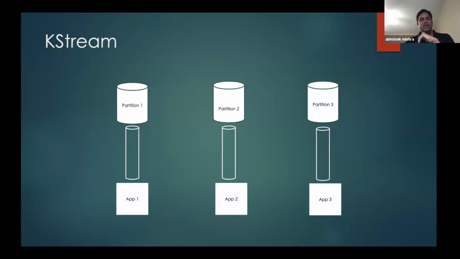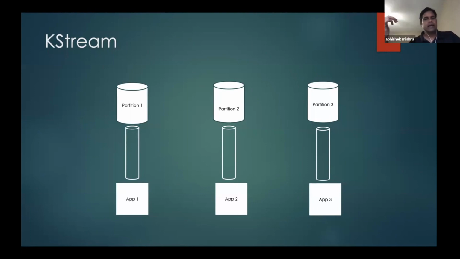So for example, if you have a Kafka topic with 3 partitions, you can create 3 instances of the Kafka Streams application, and each one of them will tie themselves to a partition. And Kafka Streams has an internal construct called KStream task. So for each partition, a new KStream task is created, and it's always tied to the same partition.